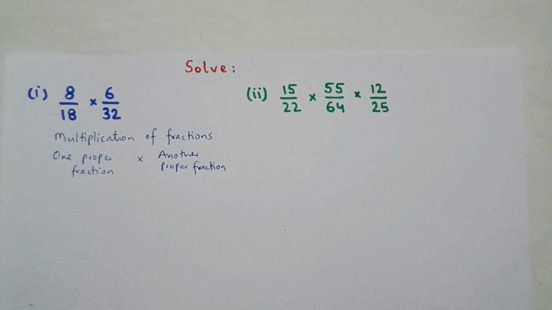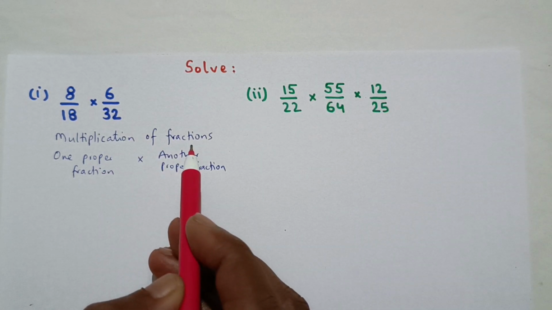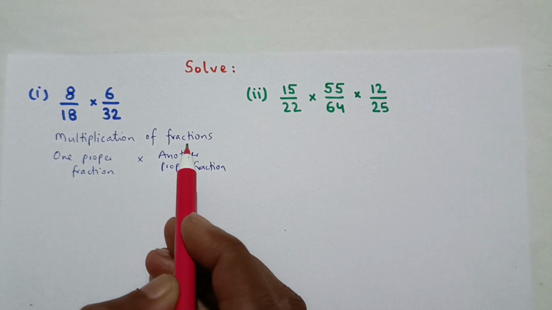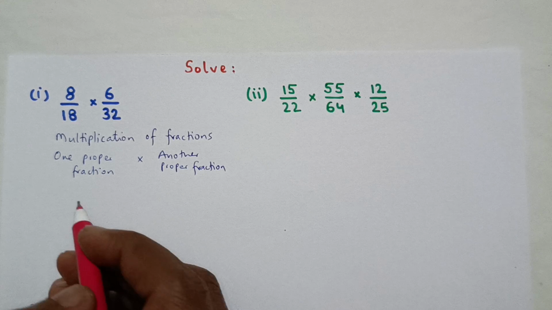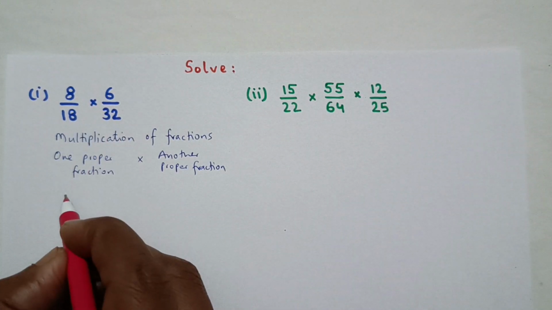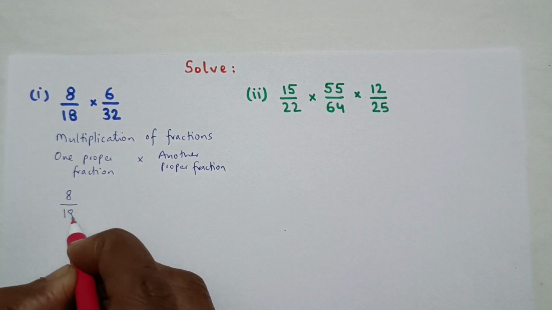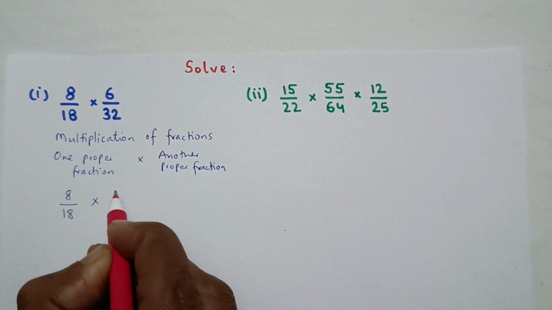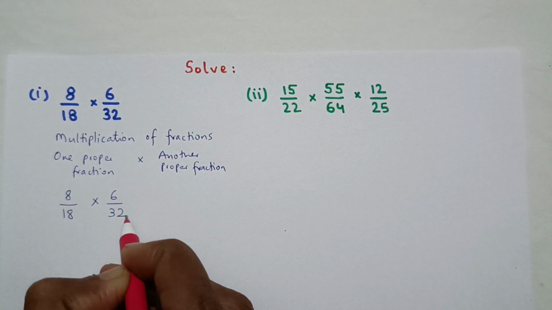Now, there are a few steps involved in the process of multiplication of fractions to get the final answer. So what are those steps? First I will write down the question: 8 by 18 multiplied to 6 by 32.